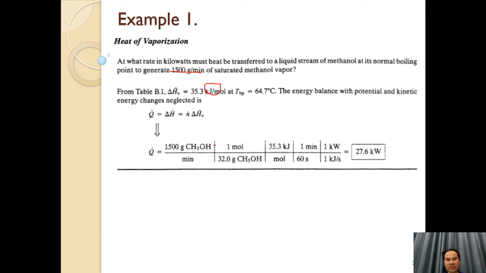Multiplied by delta H v, 35.3 kilojoule per mole, moles cancel, grams cancel, and then you change from minute to second, 1 minute equals 60 seconds. This gives kilojoule per second, and 1 kilojoule per second is 1 kilowatt, so the answer is 27.6 kilowatts.